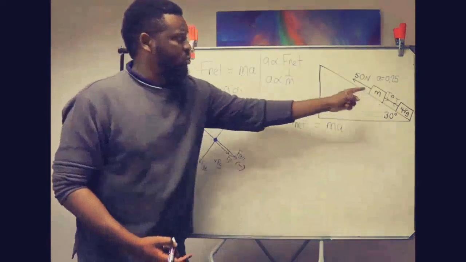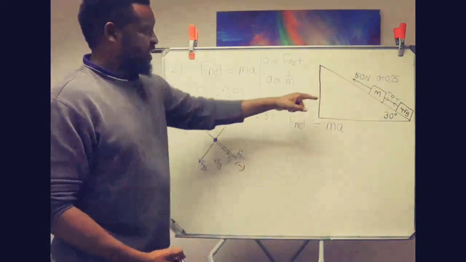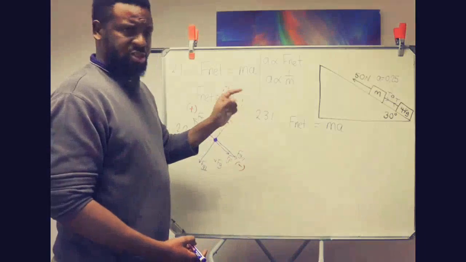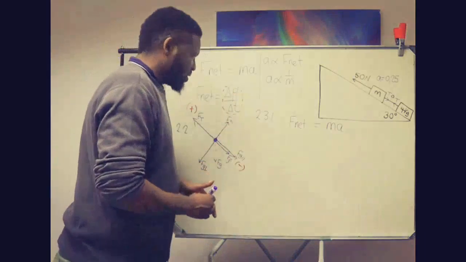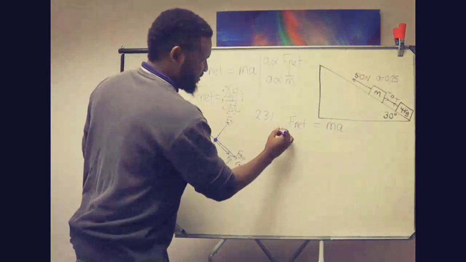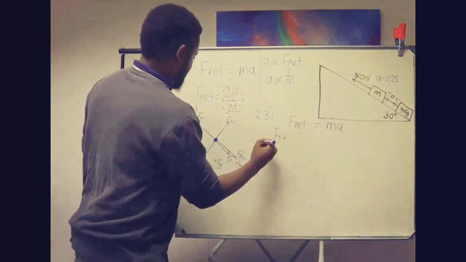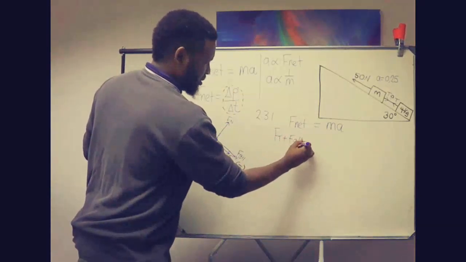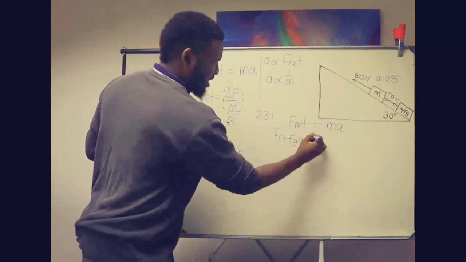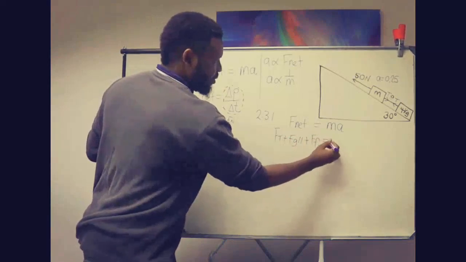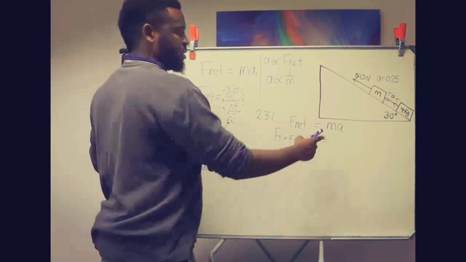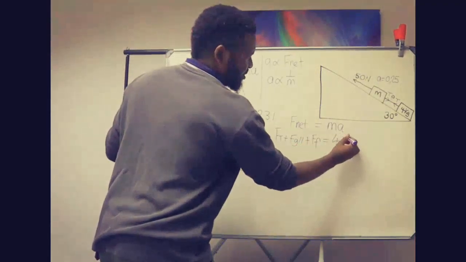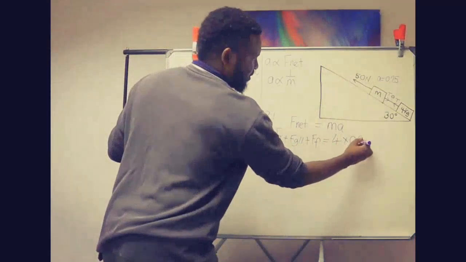The whole system goes up. The tension that acts on M is negative tension. Same magnitude, different directions. Okay, so we're going to have Ft plus Fg parallel plus Ff. All of that is equal to the mass, which is 4, times the acceleration, 0.25.